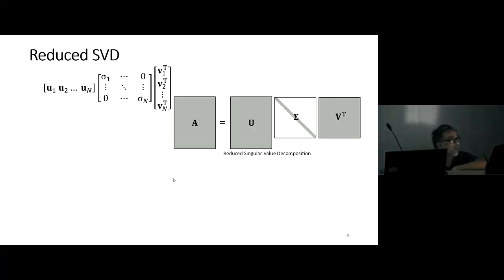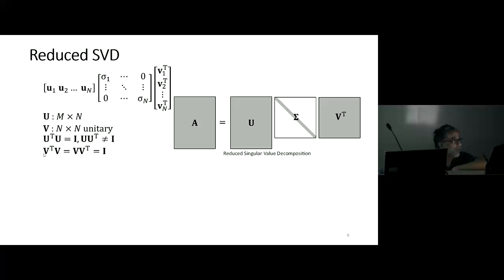This is what it looks like. So this is the reduced SVD. Here, U is an m by n matrix. It's a rectangular matrix now, a tall matrix. V is still the same. It's an n by n unitary matrix.